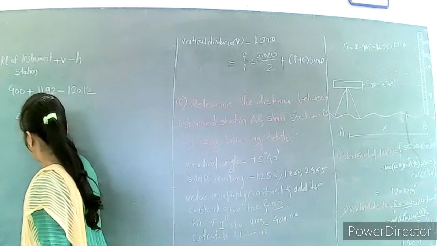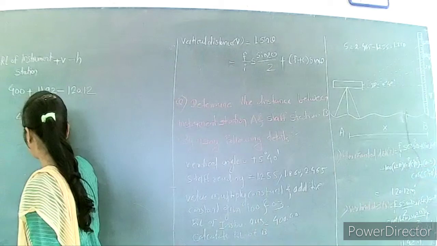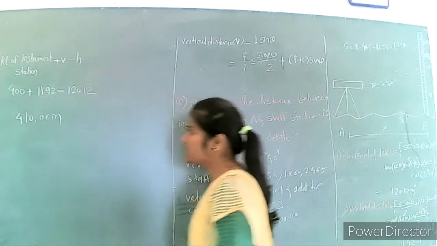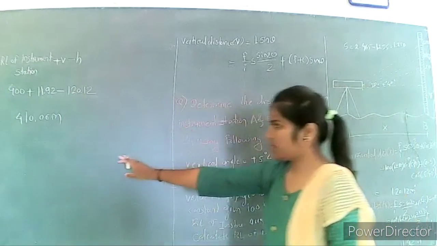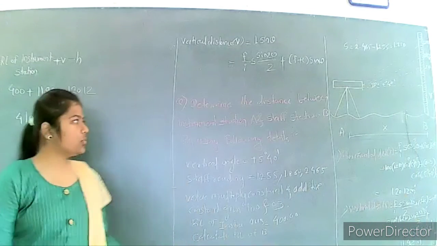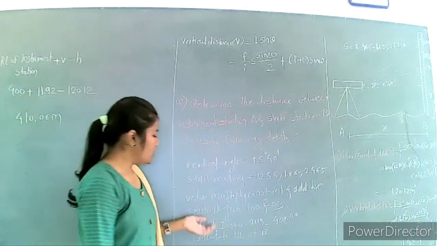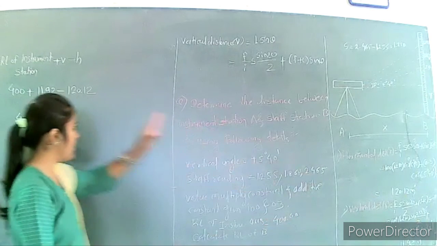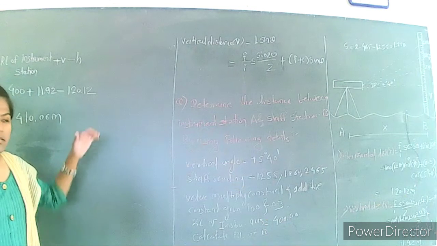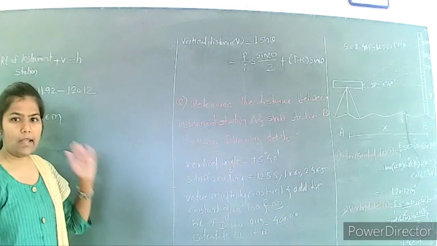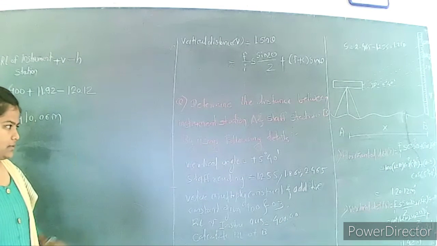The answer comes 410.06 meter. That means the RL of this staff is 410.06. In this way, you have to calculate the horizontal distance, vertical distance, and RL of the instrument, in the case when the staff held is vertical and the line of sight is inclined.